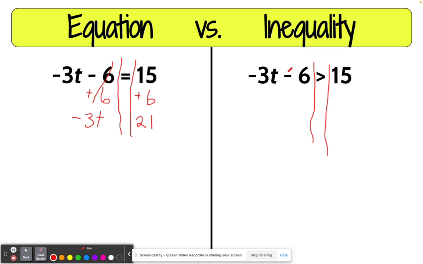Over here, I do the exact same thing. I have negative 3t minus 6 is greater than 15. I'm going to send home those acquaintances first, just like I did with the equation. And I'm left with negative 3t is greater than 21.